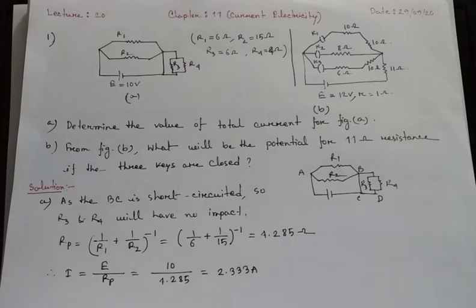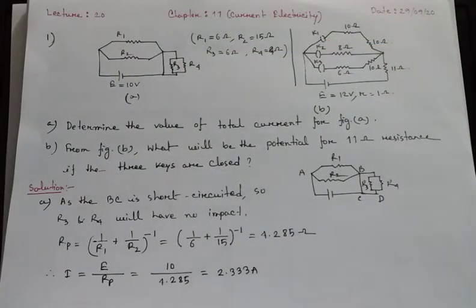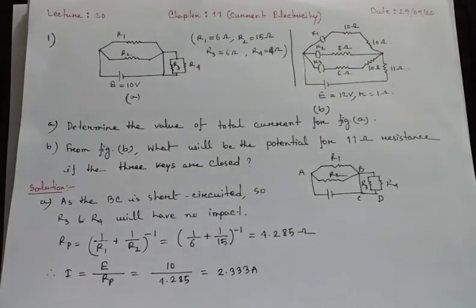For determining total current, our first job is to determine the equivalent resistance of the circuit. As you are seeing over here, there are four resistors, R1 and R2 in parallel, and again R3 and R4 are also in parallel. So what should we do over here?